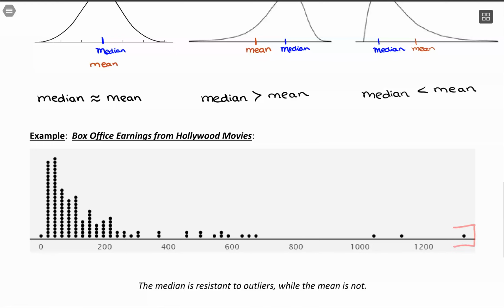That's the one that's out there. So huge following. It was the last film. So it behaved very differently than most of the data. And then I think this was like a Pirates of the Caribbean and a Transformers movie or something like that. But the idea is that we have these outliers out here, and those are coming from these blockbuster films.